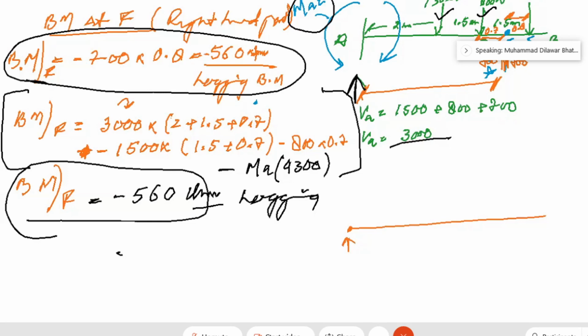Now at point A, we have which load? You should keep in mind that shear force is simple load at any point.